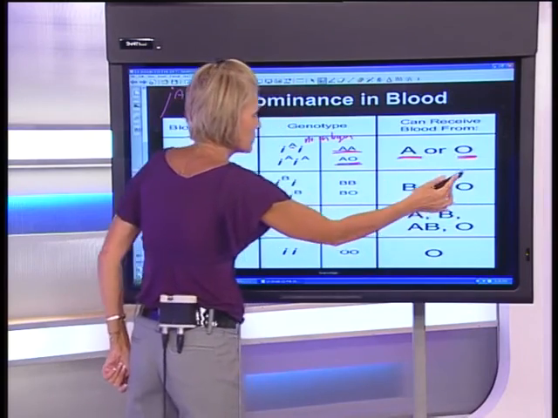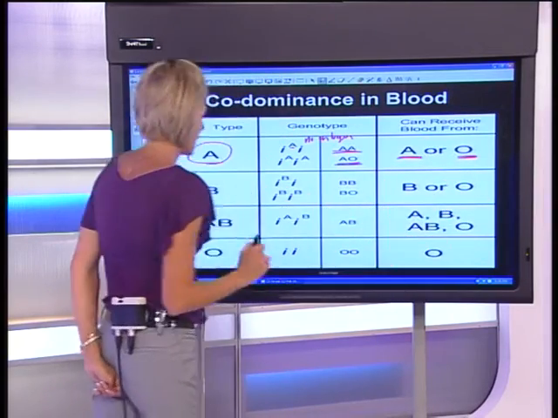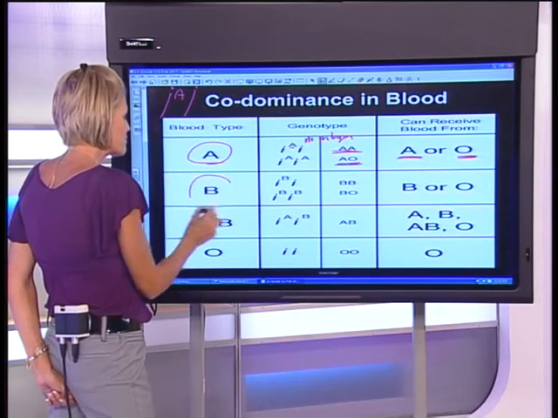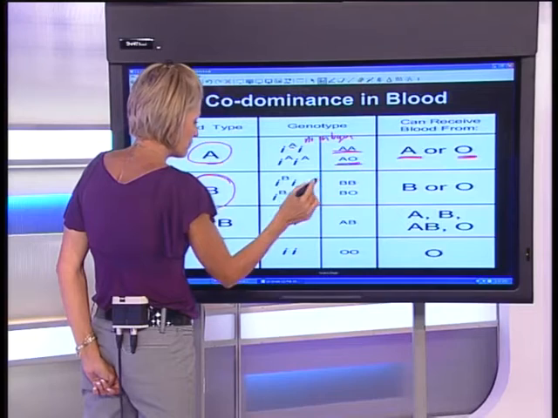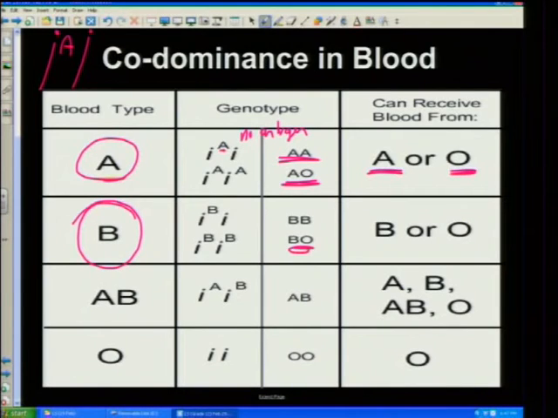Now, if it's blood type B, here we've got BB, or we've got BO. So they can receive blood from other B's, or they can receive blood from O's.